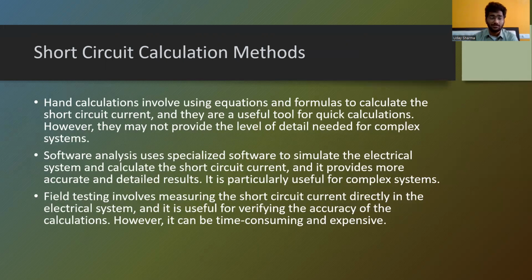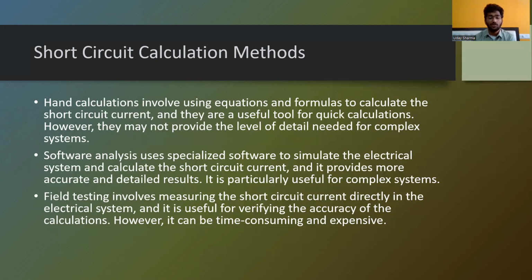Mostly in current power systems, software analysis is used. Software analysis uses specialized software to simulate the electrical system and calculate the short circuit current. It provides more accurate and detailed results than the hand calculation method. It is particularly useful for complex systems.